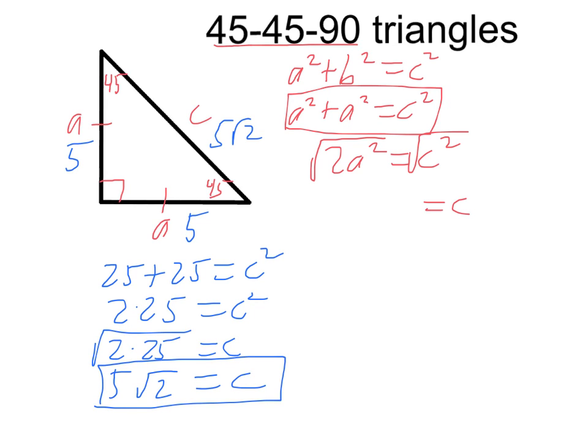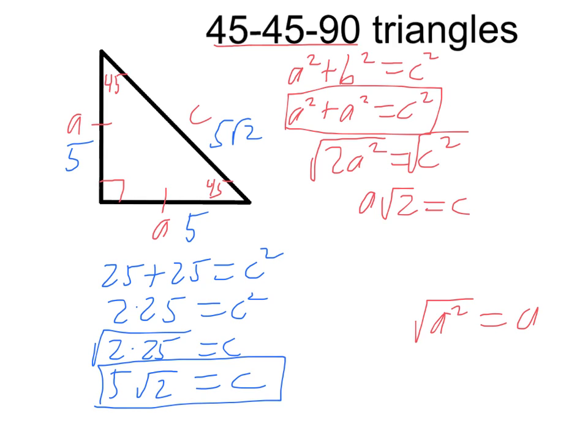On the right, I get c. On the left, the square root of 2 is still the square root of 2. But what's the square root of a squared? The square root of anything squared, square root and square cancel each other out. That's just a. And so what I get is a rad 2.